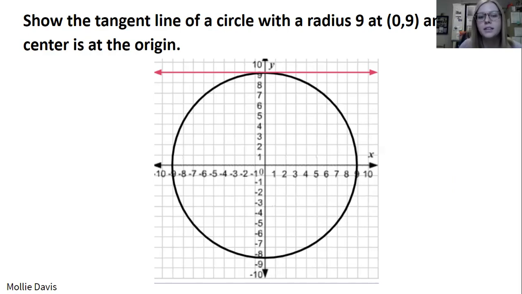And as you can see, this line is tangent just because, for one, it is the only point that the line touches on the circle, and as well as the fact that it is going to be perpendicular to the circle's radius. So that is the tangent line for point 0, 9. Great job. I really like the visuals on that one, Molly. Thank you.